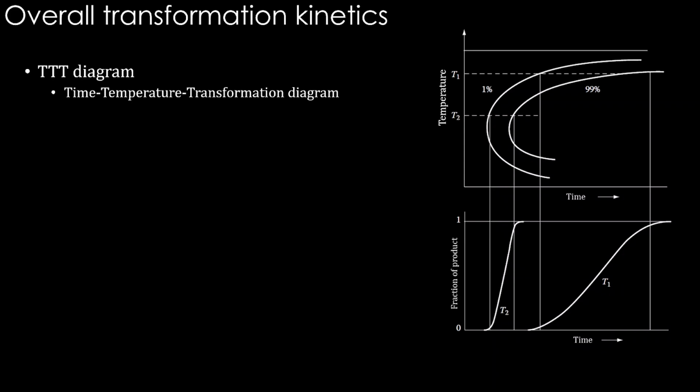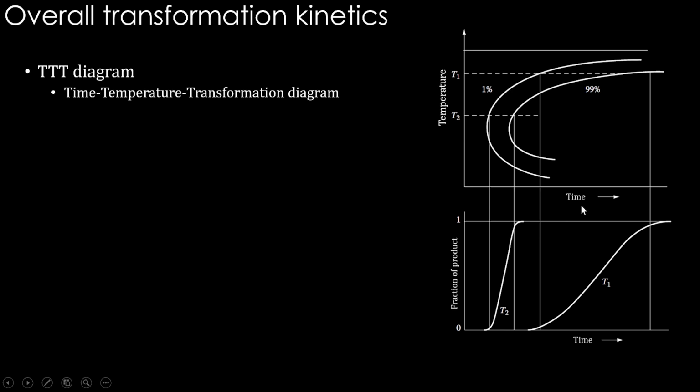Now let's understand what is a TTT diagram, time temperature transformation diagram. You see the fraction of product versus time graph is here for two different temperatures, T1 and T2. Okay, and the transformation start point is here, transformation end point is here. Similarly start point is here, end point is here. These points are taken to this graph of temperature versus time.